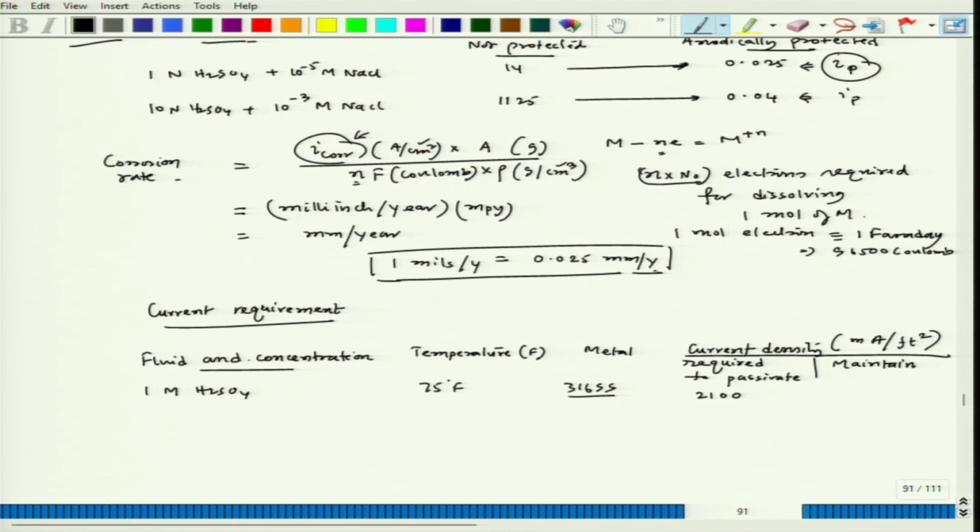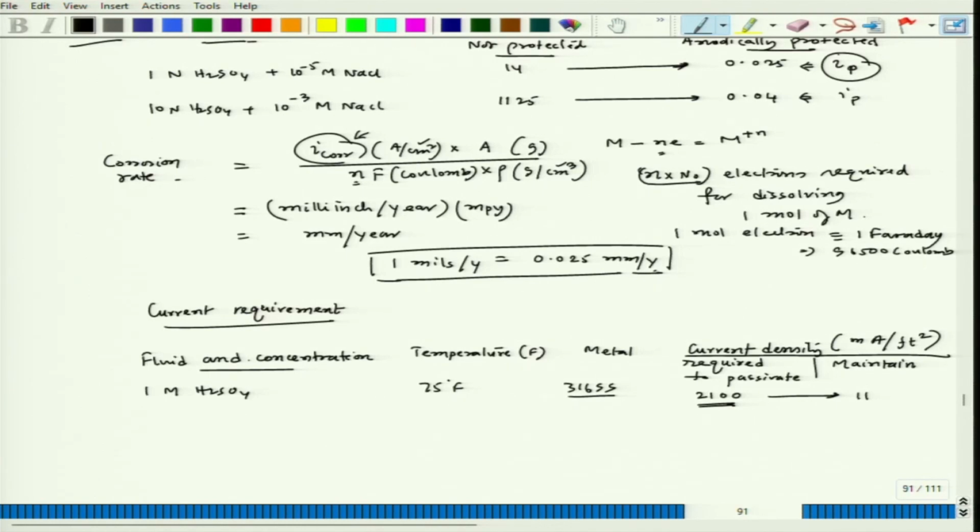You have to just convert the length unit into meter or centimeter. But this value is very high, 2100 milliampere per feet square. To maintain it needs hardly 11 milliampere per feet square. So, you can sense that the amount of current required to maintain at E protection is very, very low.